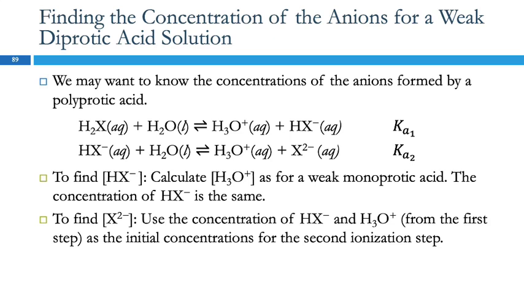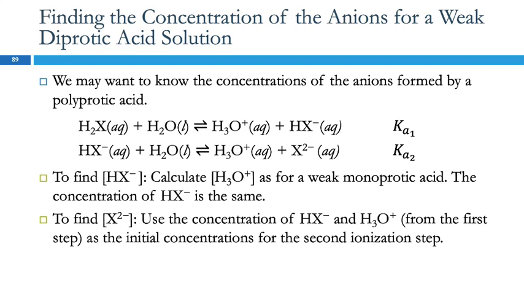Okay, so let's look at the concentration for the anions for a weak diprotic acid. If we're calculating the pH, we can ignore the second ionization. If we're trying to find this anion concentration, then we can't ignore it, and we have to do the whole stupid thing.